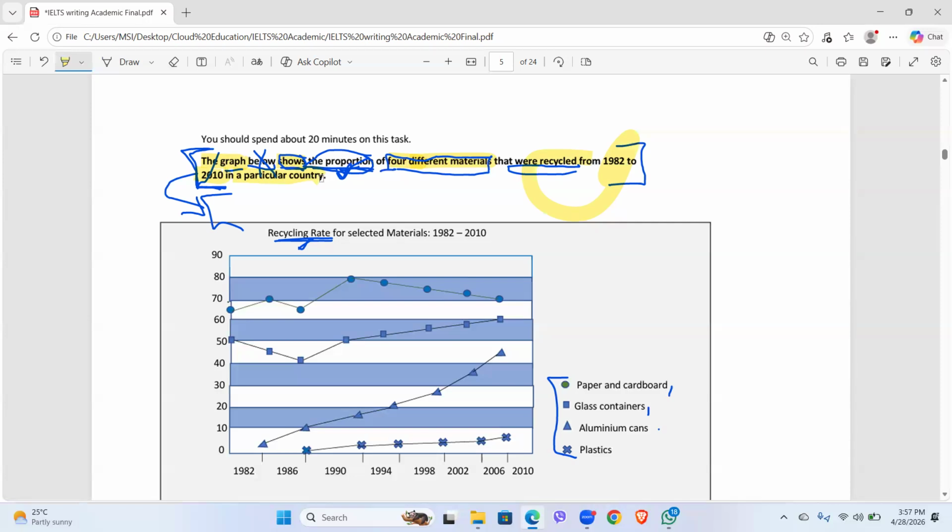You can change the word with its synonyms. So what will be your sentence? The line graph indicates the percentage of paper and cardboard, glass containers, aluminum cans, and plastics that were recycled between 1982 and 2010 in a specific country.